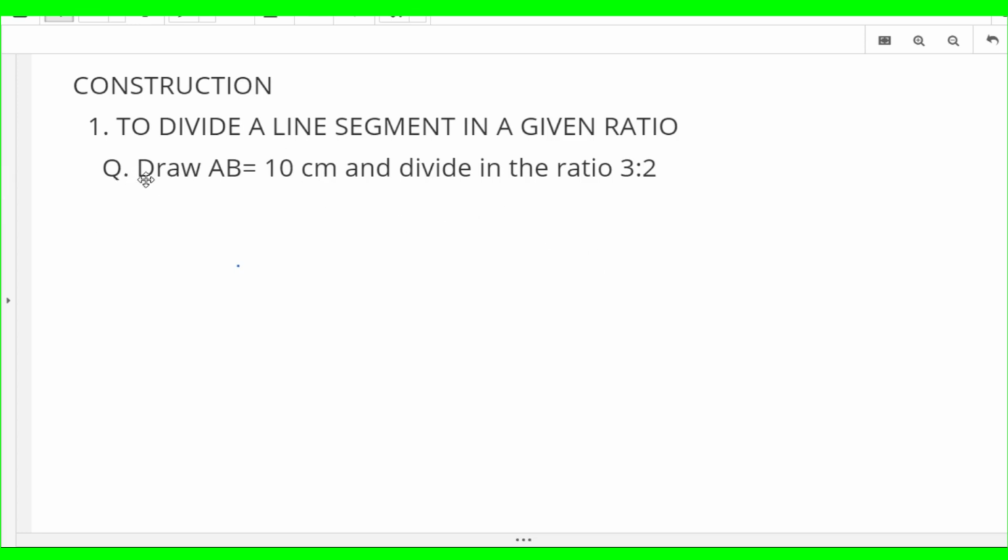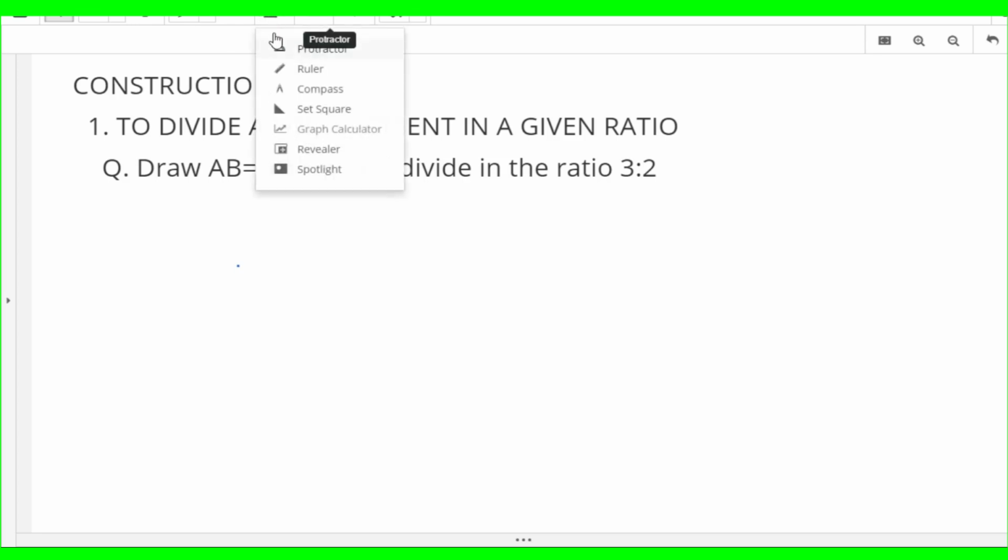Example: draw a line segment AB of 10 centimeter and divide it in the ratio 3:2. Okay, so one by one. First of all, to draw a line segment AB of 10 centimeter, you require a ruler.